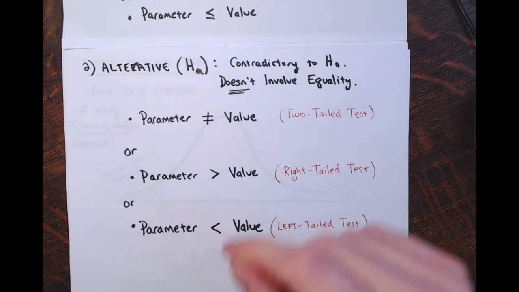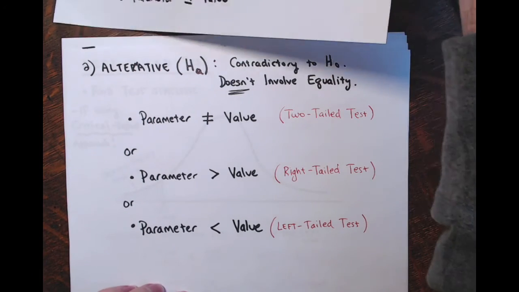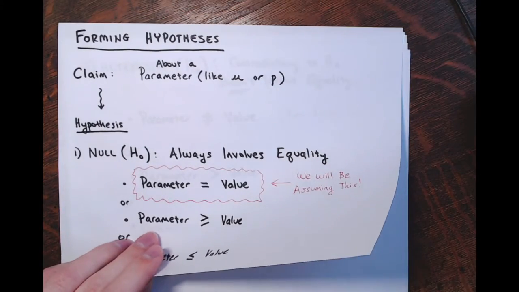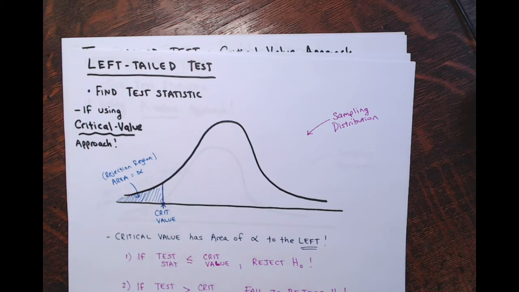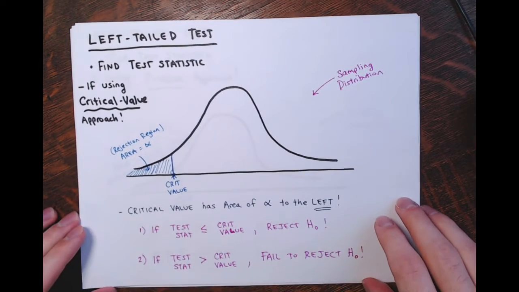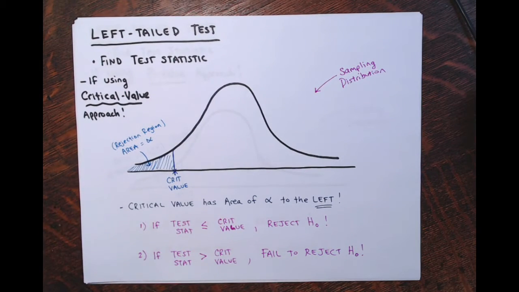In the first video for this objective, I also went over all the differences between them. I'll just very quickly brush through these again. When you're performing a left-tailed test, remember there's two different types of approaches to a hypothesis test: a critical value approach and a p-value approach.